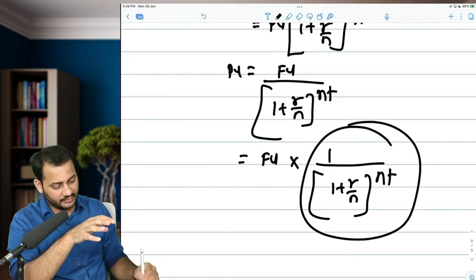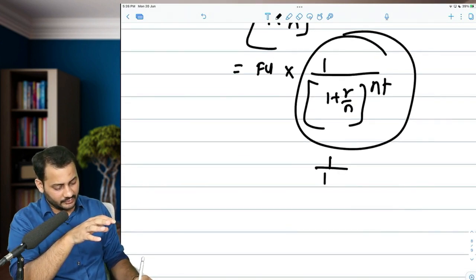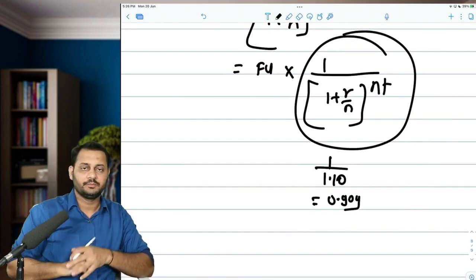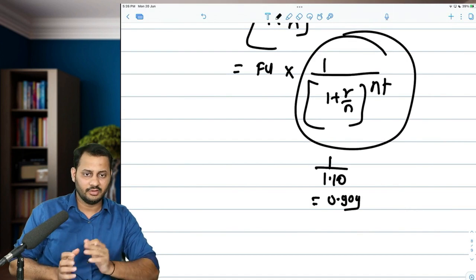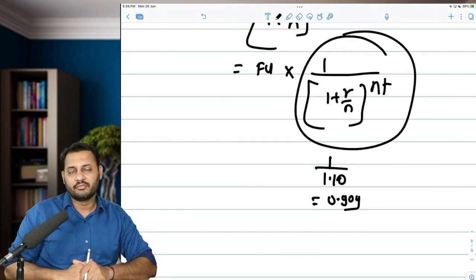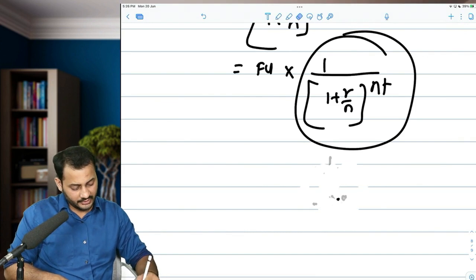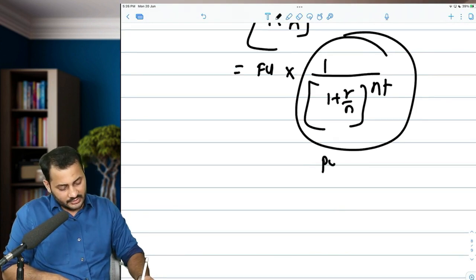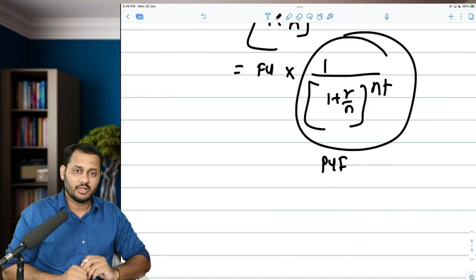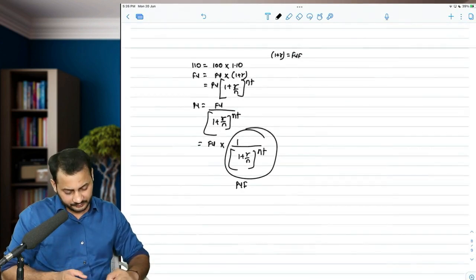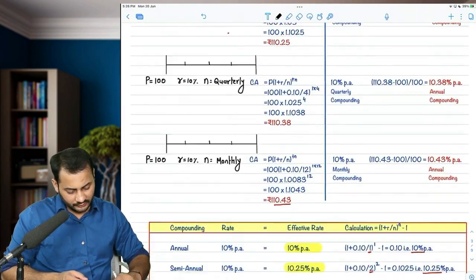This entire thing is nothing but 1.10, which goes to 0.909 for 1 year. If it is for 5 years, it will be different. It will give you different figures. Let's not go deep into this right now. This entire thing is called the present value factor. Now, how to calculate the present value factor?